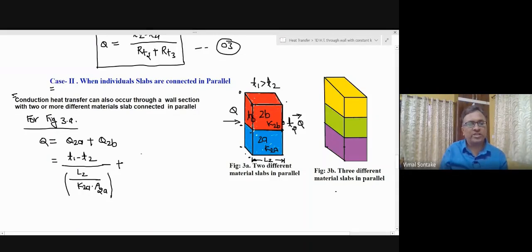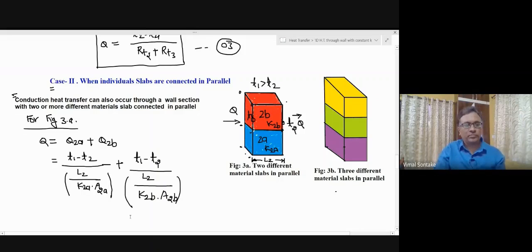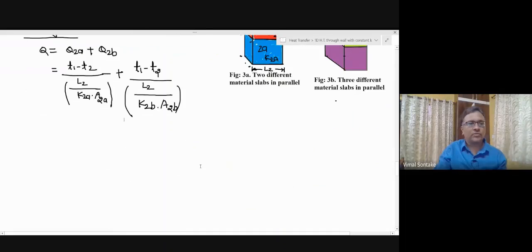In a similar fashion, for the expression for Q2B, again the temperature difference remains the same: T1 minus T2 over the thickness of slab 2B. Thickness is the same, so L2 over K2B into A2B. Now in these expressions, T1 minus T2 is constant, so let us take it out.